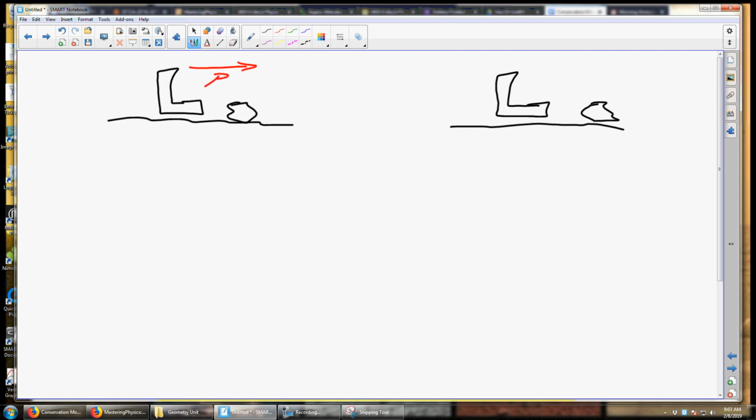So, momentum of the hammer. Rock isn't moving. Momentum of the hammer afterwards. Momentum of the rock afterwards. Momentum of the rock before is 0. Yeah, that's better.